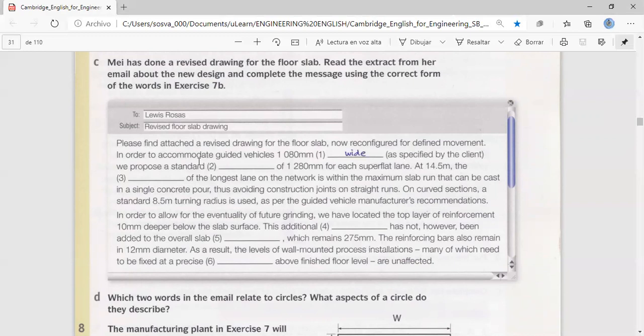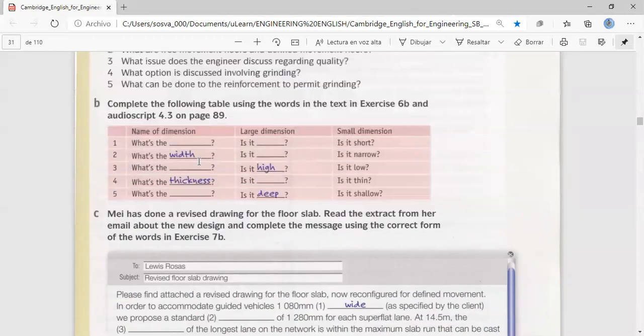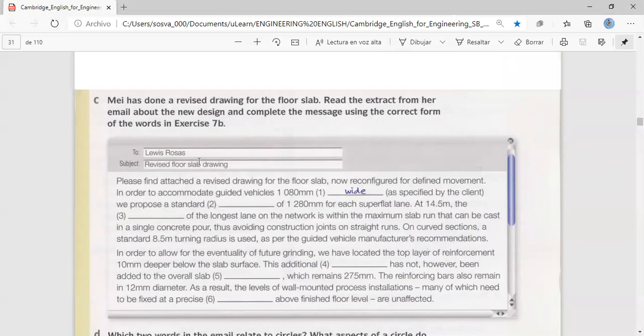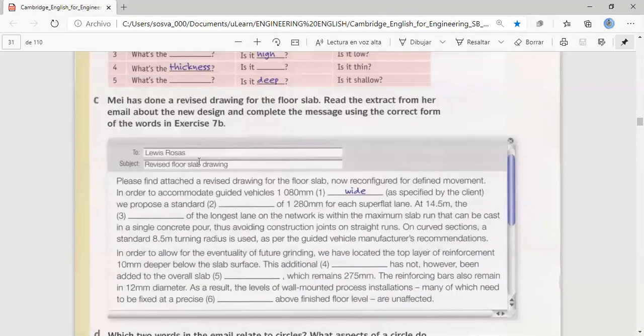And the subject is revised floor slab drawing. So we're gonna complete this email by using the words that we just worked on here: wide, width, height, length, thick. We're gonna use those words, okay? So I need to read this email.